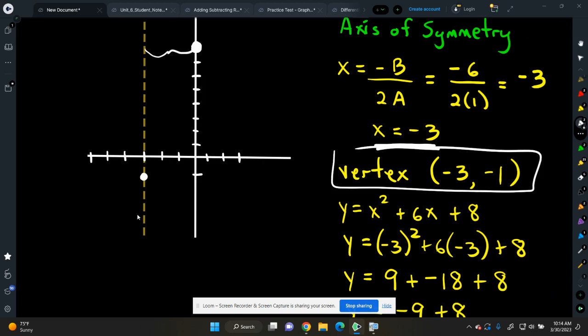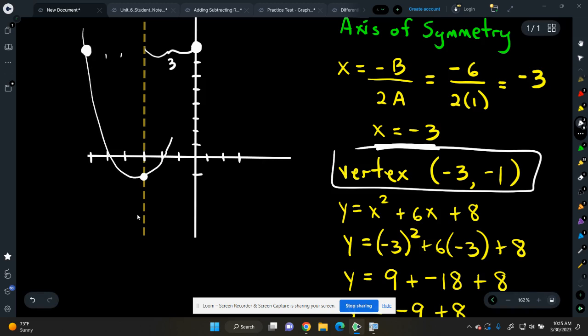How many units? 1, 2, 3, right? This is negative 3, so it's 3 units away. That means that this point will be 1, 2, 3 units away. There's the matching point right there. If I were to fold the paper, that's my matching point. That gives me a better shape of my parabola.